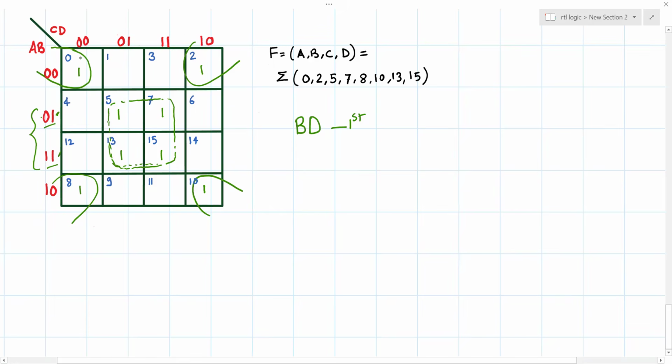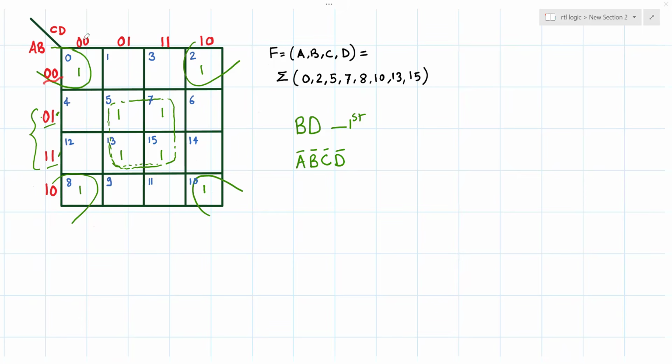Now, from the isolated ones, we can write all the terms obtained by these ones. First look at this one, which is nothing but A bar, B bar, C bar, D bar. That is how the first term comes.